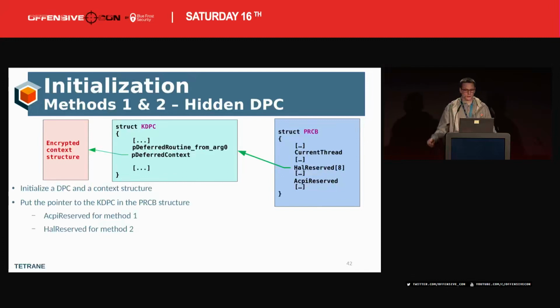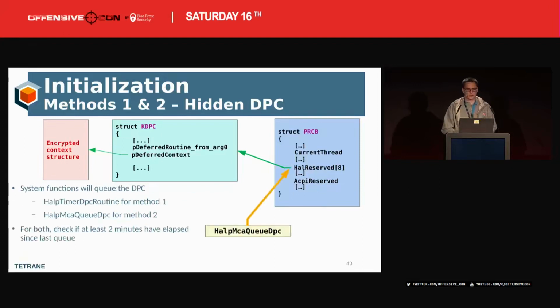And in this case, you can see that there are 2 entries, which are HalReserved and AcpiReserved. So now you know why there are some reserved parts in the Windows kernel. It's to hide PatchGuard. And in this case, the HalReserved or AcpiReserved may hold a pointer to a KDPC, which is a PatchGuard KDPC.